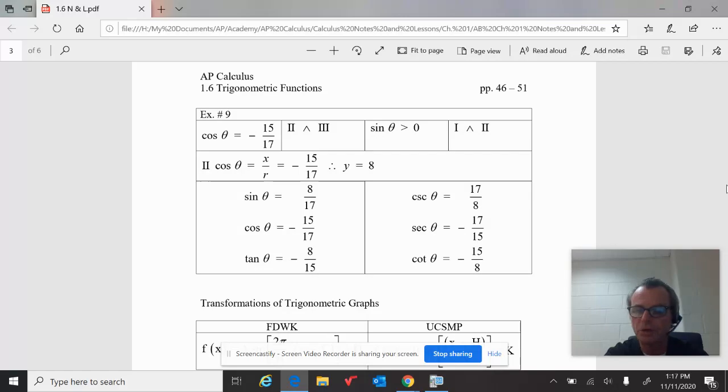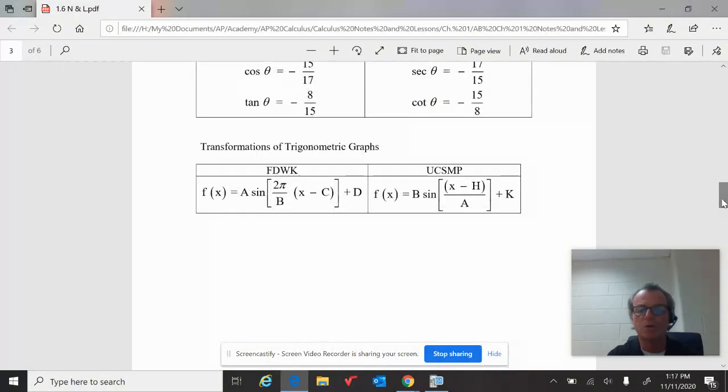Okay. So for transformations of trigonometric graphs, we just want to point out to you that the way it's explained in your textbook, we're going to ignore. The way it's explained in your textbook corresponds to the way your calculator does this, which we are not going to do.